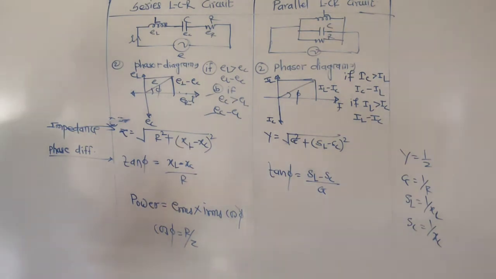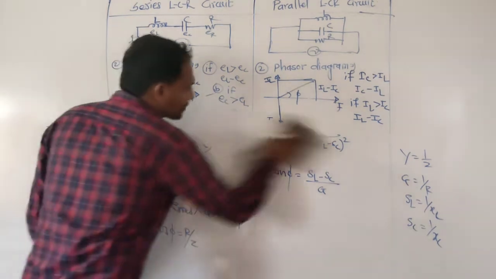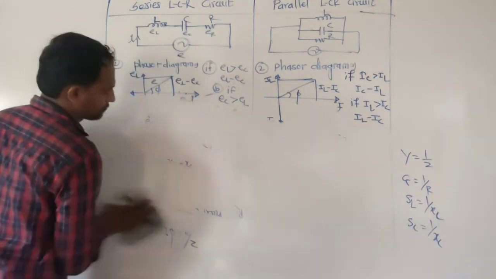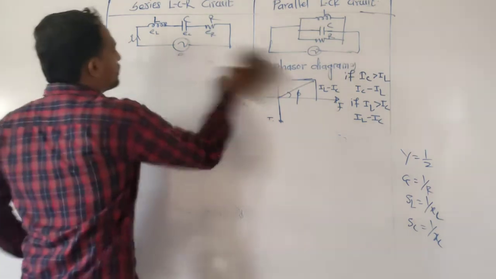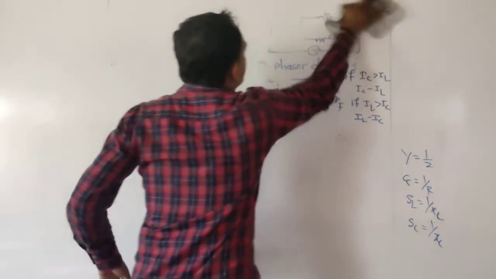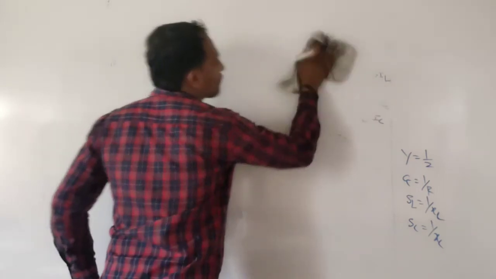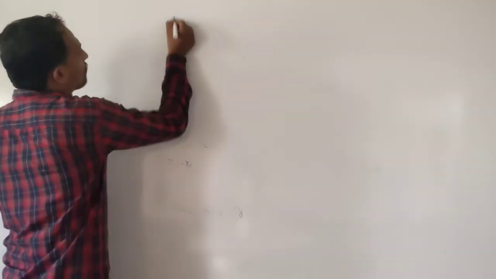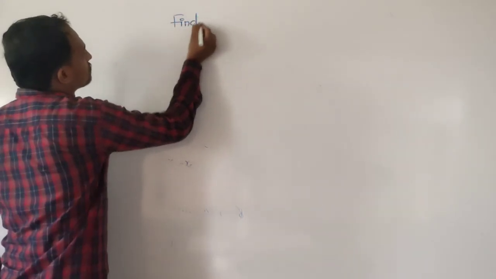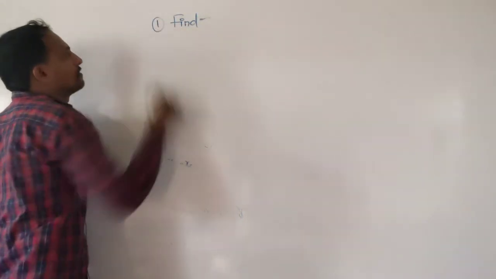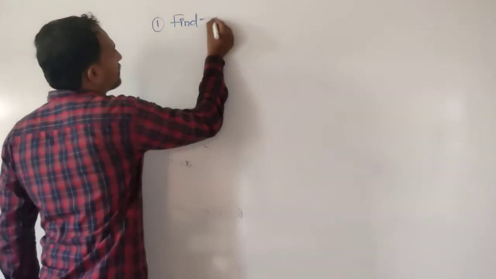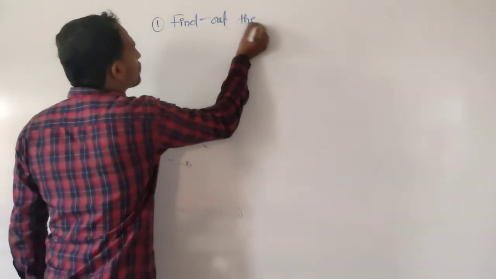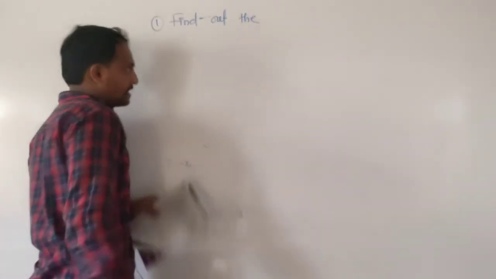After this we discuss some examples. So the first example we have to study here. Example first: find out the impedance of the given circuit.